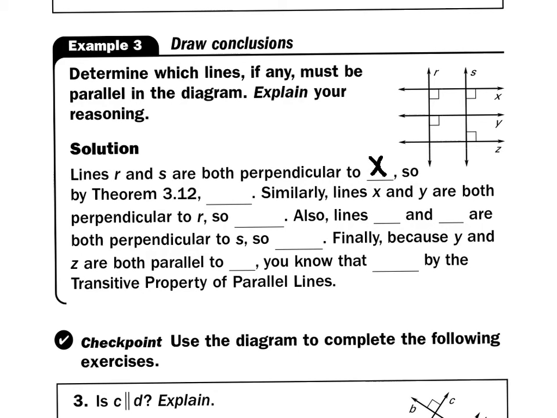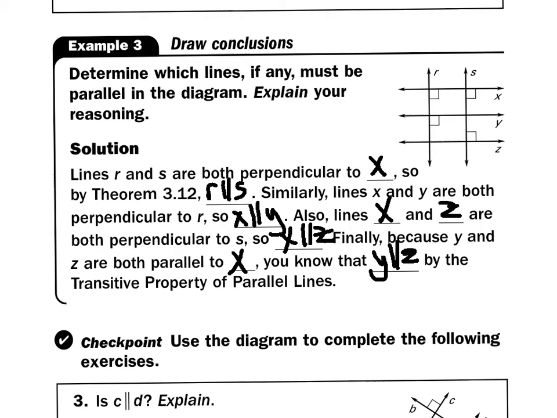So, by theorem 3.12, R is parallel to S. Similarly, lines X and Y are both perpendicular to R, so X is parallel to Y. Also, lines X and Z are both perpendicular to S, so X is parallel to Z. Finally, because Y and Z are both parallel to X, you know that Y is parallel to Z by the transitive property.